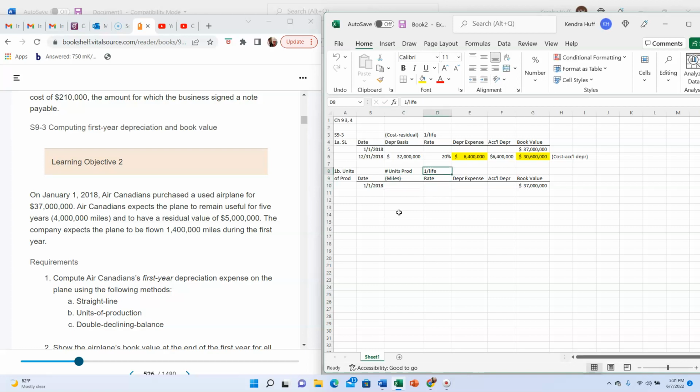All right, and the rate is cost minus residual divided by total miles. So for us, it's going to be the 32 million divided by 4 million miles.